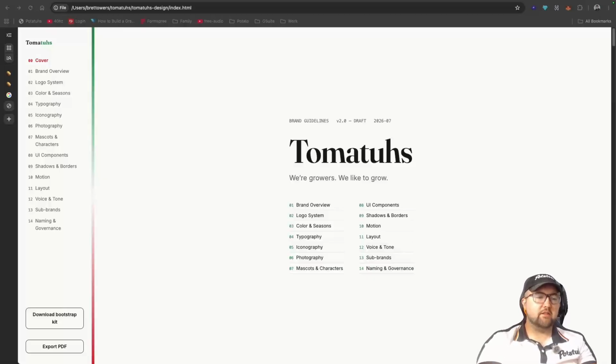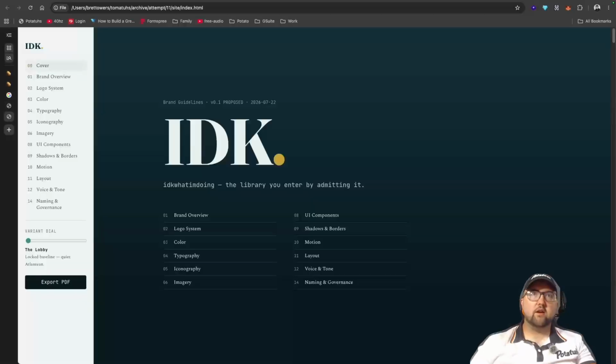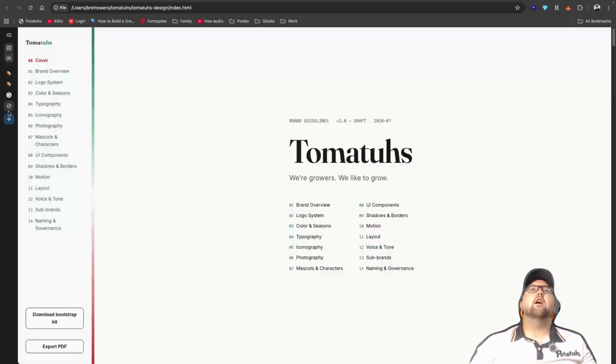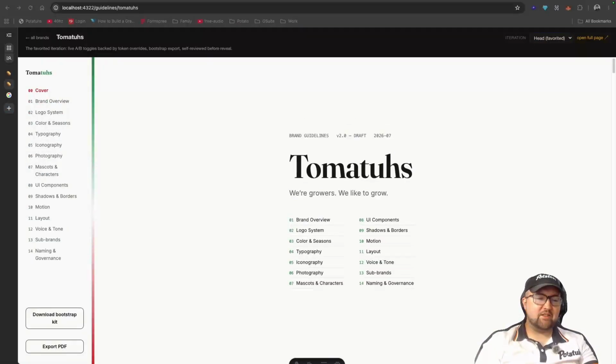No. ls, cd archive, ls, cd attempt, ls, cd 11, ls, open, cd site. Sorry, I'm doing something elsewhere. I know this is probably really boring, but nope. All right, I can't find it. Dang it. Yeah, this is one of the problems with.